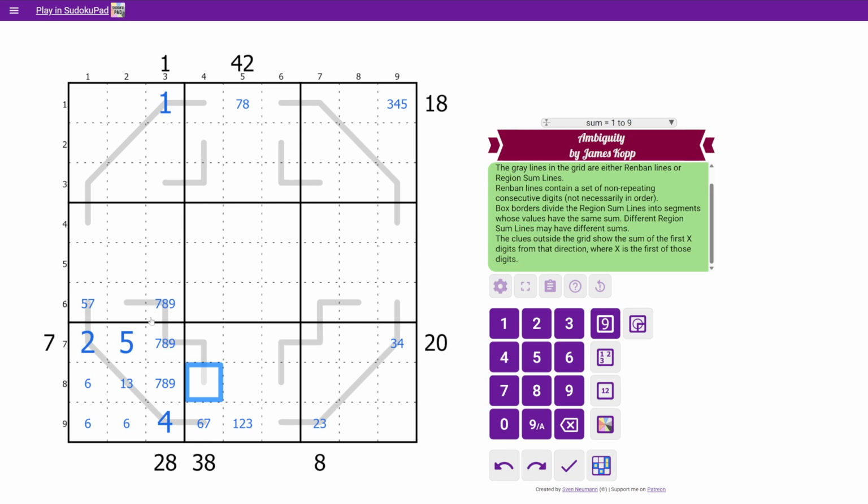So I have a feeling that one of these is going to be a Rinband, and then I can remember that it's going to help me sort that 5. Unless they're both region sum lines, and then it won't help me at all. So that's probably the way it'll be. Now can this be 1, 2, 3, 4, 5? Imagine so.